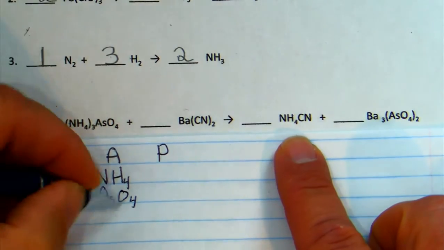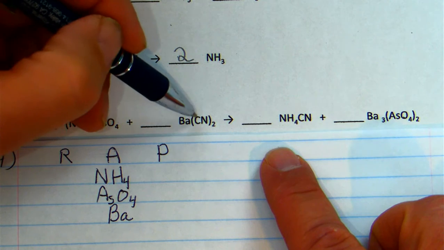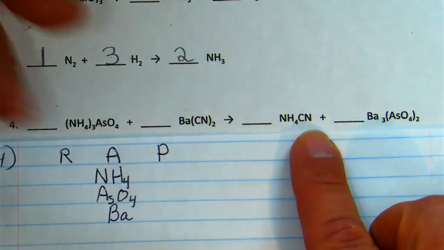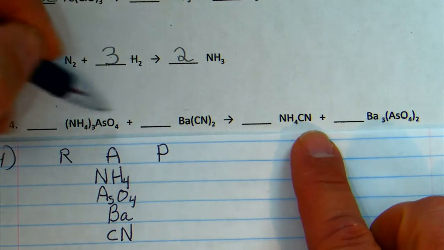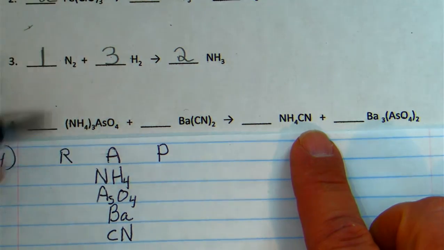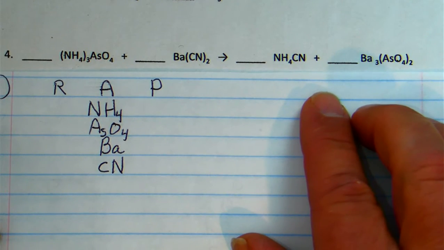On the left, I see I have the element barium. And CN is also a polyatomic ion. I see it stays together as a group on the right. CN is called cyanide. This completes my list. I don't need to break it into individual atoms. I can leave these as polyatomic ions that I'm dealing with.